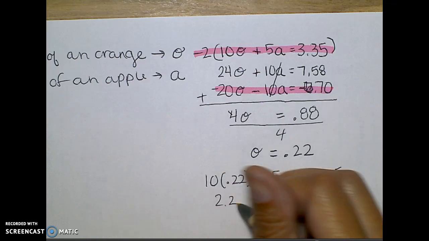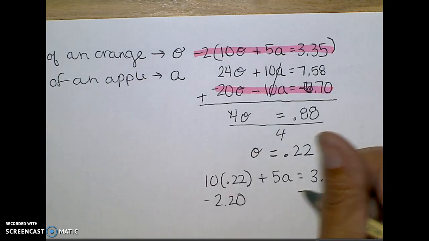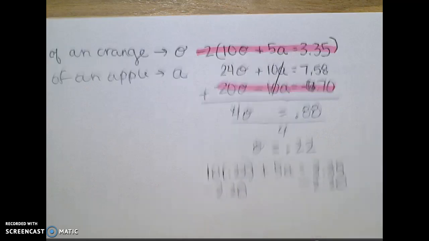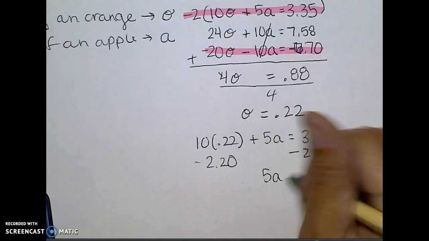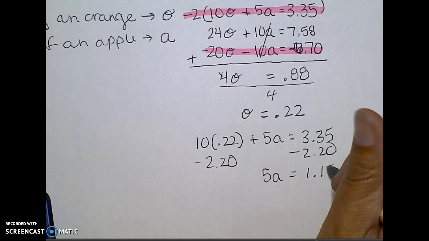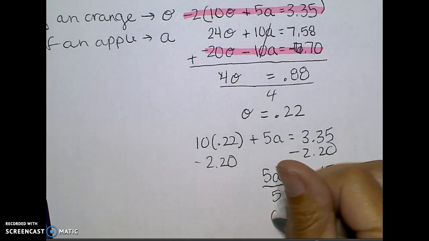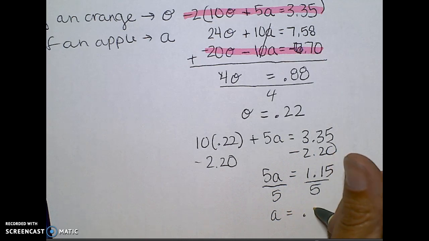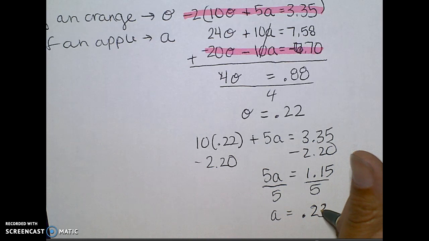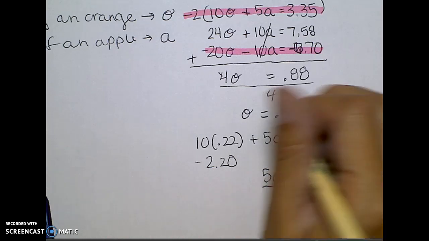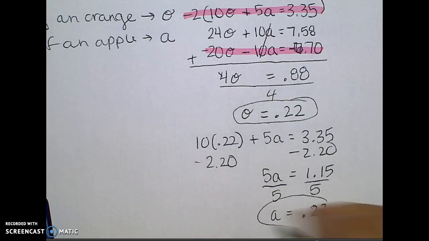So I get $2.20 here, subtract that away. So 5A equals $1.15, and then divide by 5, which A would be 23 cents then. So an apple is 23 cents, and an orange is 22 cents. So you found the cost of them.